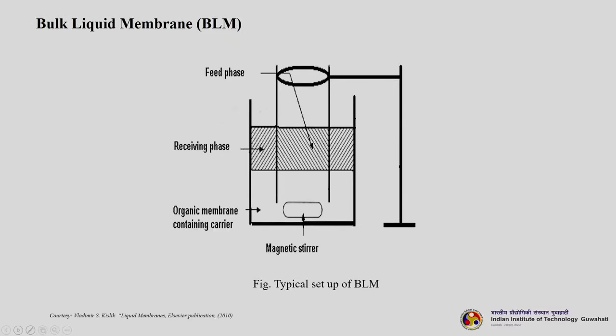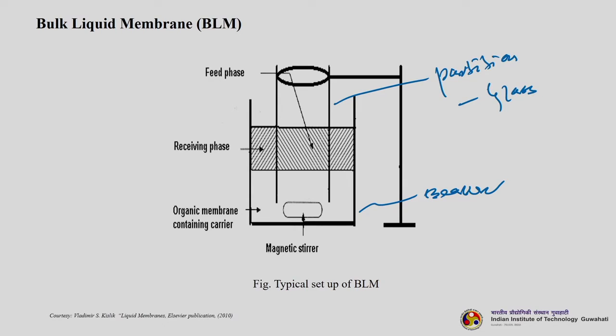Well, let us take them one by one. So, this is BLM, the simplest one, which I just showed you in the first slide, drawing a U-tube manometer and how we can convert it to a liquid membrane setup. Here you can see it is a glass beaker type of thing, in which we can put two different partitions, usually made of glass, and then your organic membrane containing carrier, or without carrier, it does not matter.